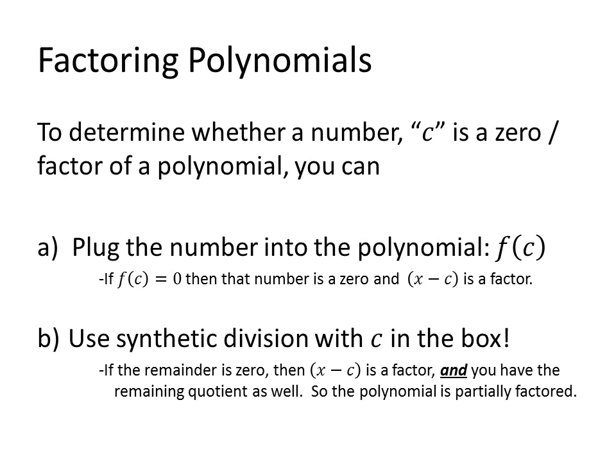You can either plug the number into the polynomial. If it's equal to 0, then that means that x minus that number is a factor. Or you can use synthetic division, putting c in the box. If the remainder is 0 with synthetic division, then that means that x minus that number is a factor.